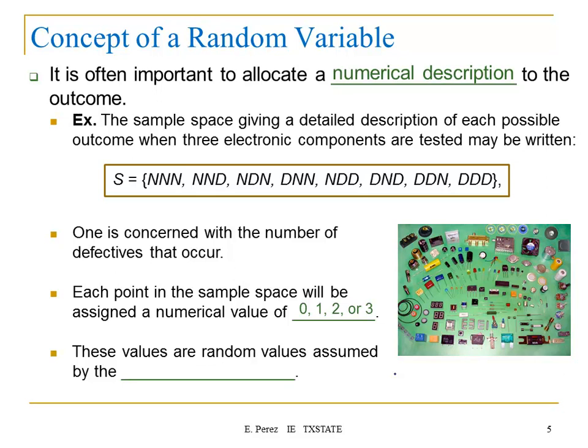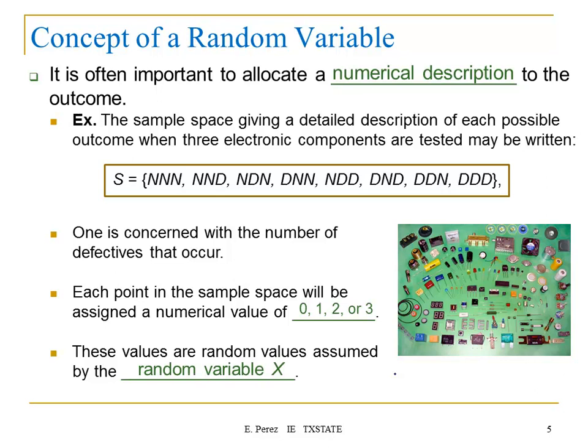So for this specific case, you can have 0 defective, 1 defective, 2 defective, and a maximum of 3 defective, because you are taking only 3 at a time. These values are random values assumed by the random variable, and we're going to give that random variable a name. We're going to use X.